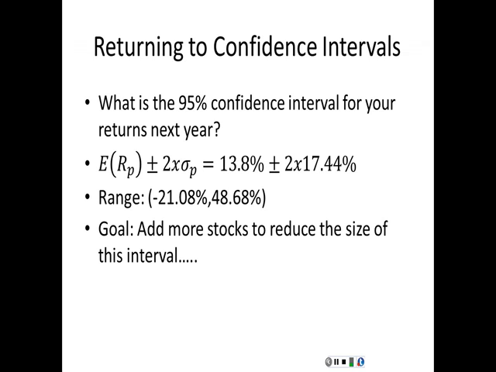And you see my range ends up being negative 21% all the way up to almost 49%. That's a 70% range. For many investors, that's too wide an outcome. That's what motivates us to buy more and more stocks to tighten that standard deviation and reduce the overall risk.